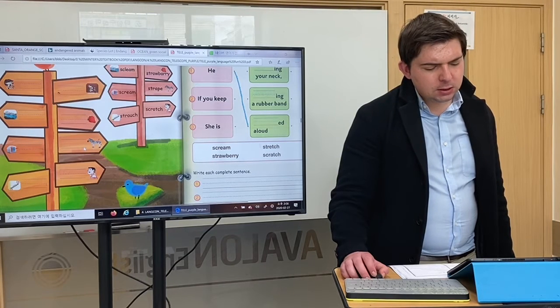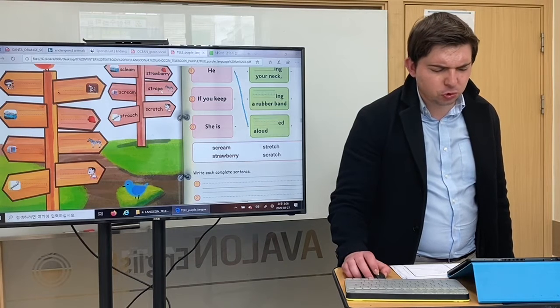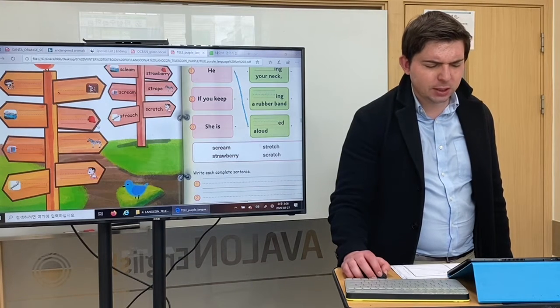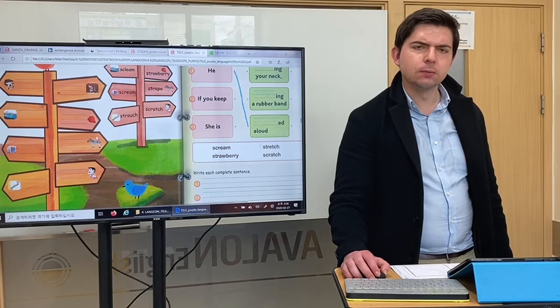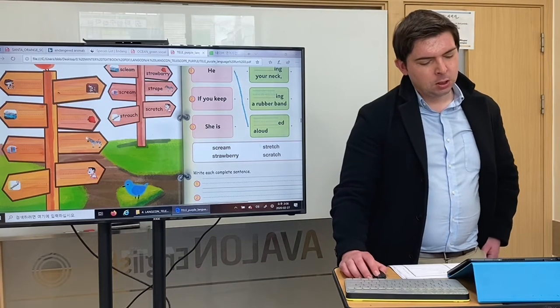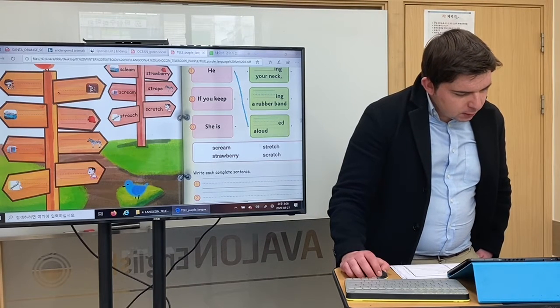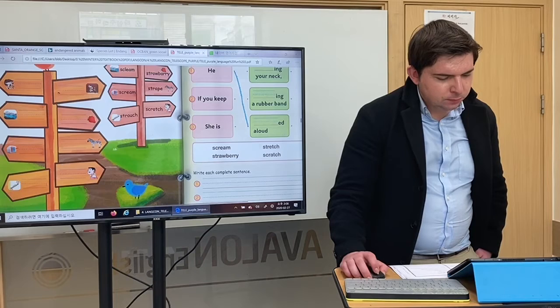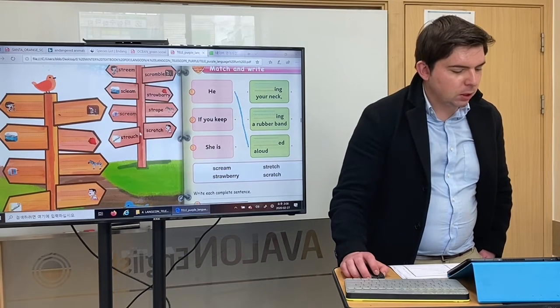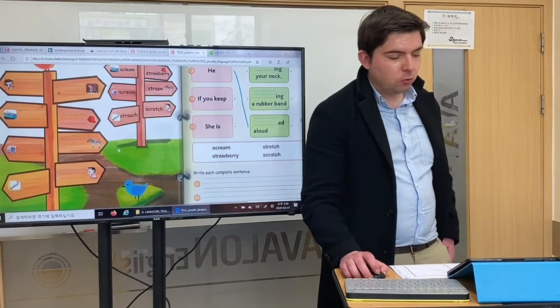What can this word be? It's not drape. What is it? Stripe. Stripe, that's right, very good. And two more. What is in this image? Stretch. Yes, stretch, not strouch. That's not a word.